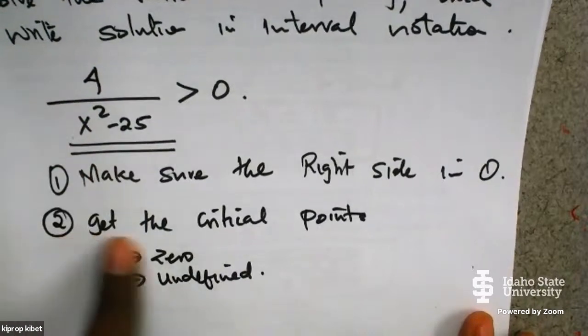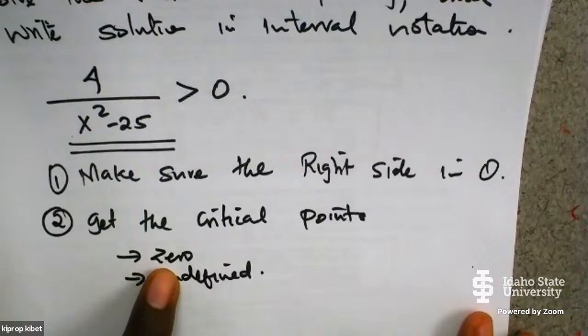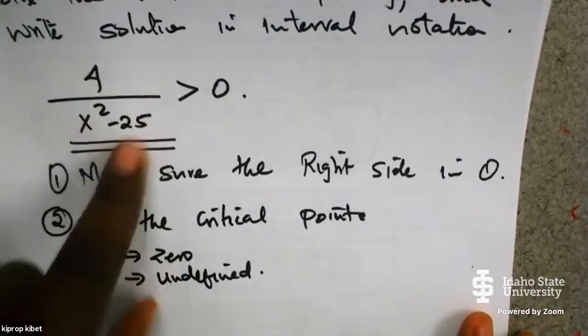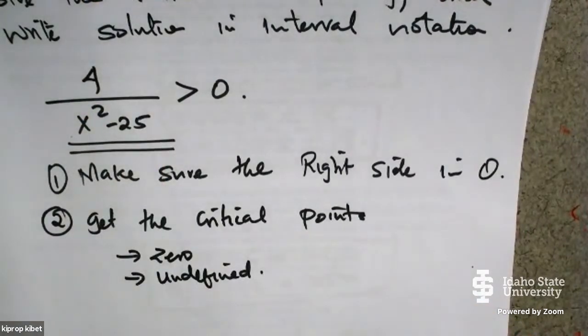Then the second one is get the critical points. So the critical points are the points where this 4 all over x squared minus 25 is 0 or undefined.